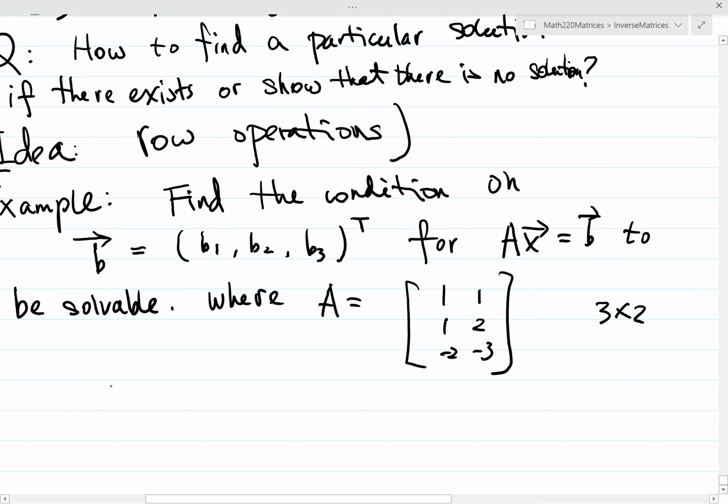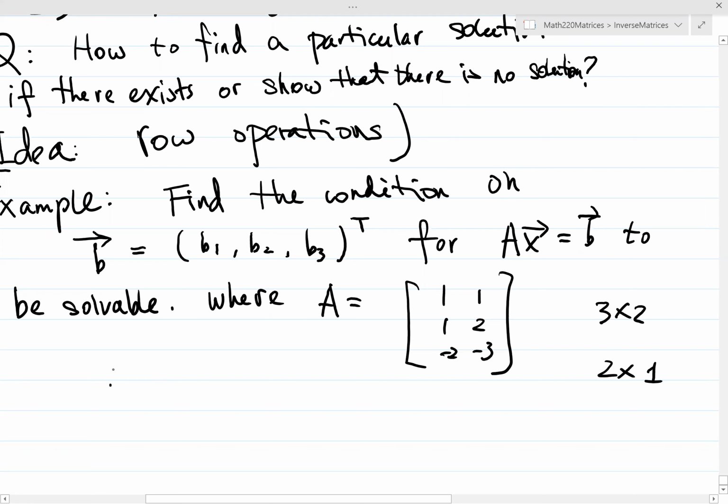Now x should be the vector with 2 components, x and y.